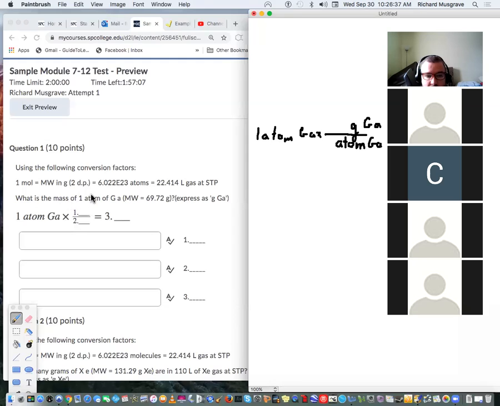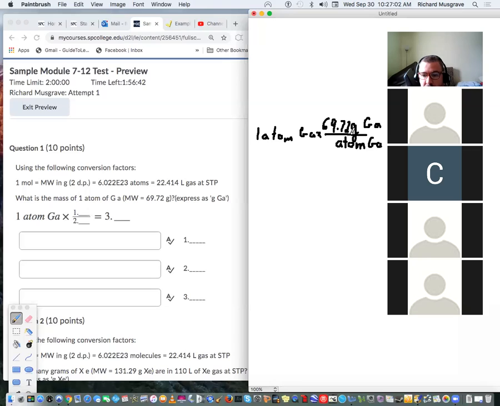So we need some kind of relationship between grams and atoms of gallium. Now you can look here and you can see that we have the relationships all lined out for us. We don't have to memorize any of these numbers here. And you can see that the relationship that we can use here is the molecular weight in grams is equal to 6.022 times 10 to the 23 atoms. So that's exactly what I would do. You are given the molecular weight in the problem, 69.72.